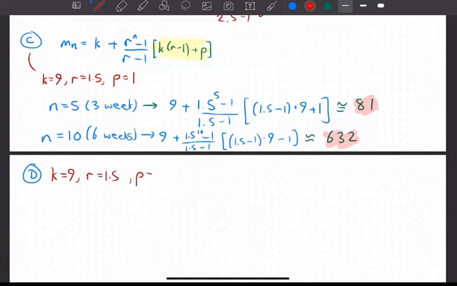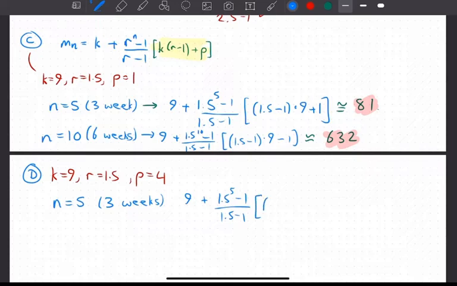So again, multiply the arrival rate by 4, and after 3 weeks, we're getting... this is the only place here that the arrival rate comes in, right? It's that 1 becomes a 4. So we have 1.5 minus 1 times 9 plus 4, and that gives us a number around 121.